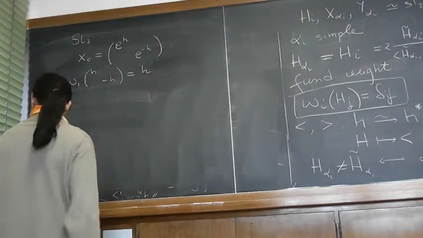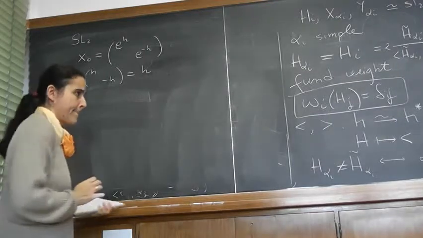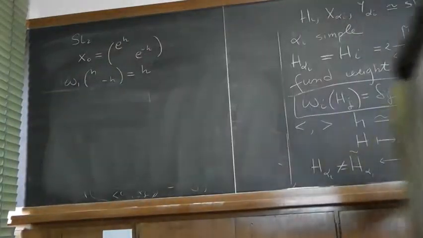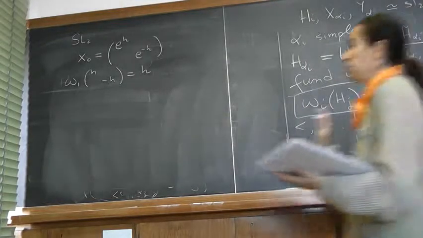Now, the claim is that delta I is the principal I times I minor of x in G0.